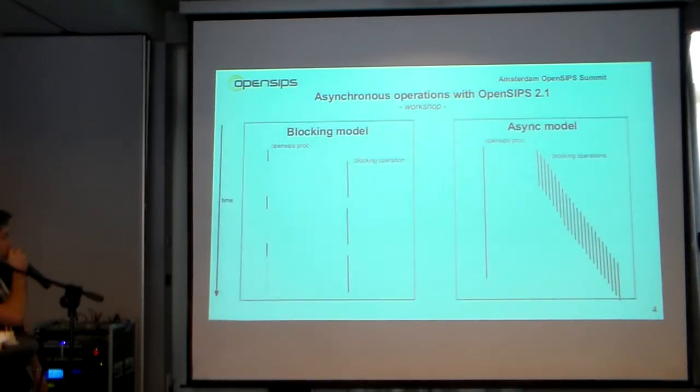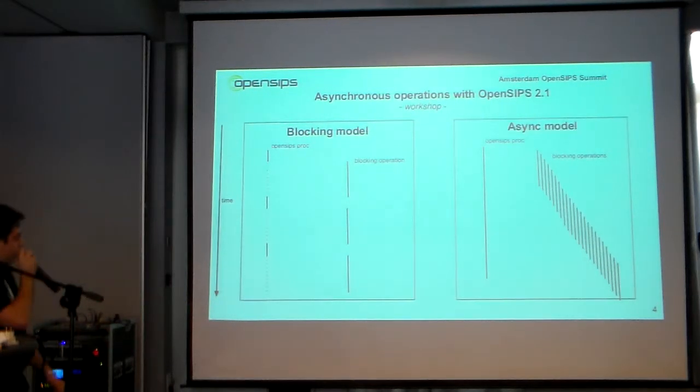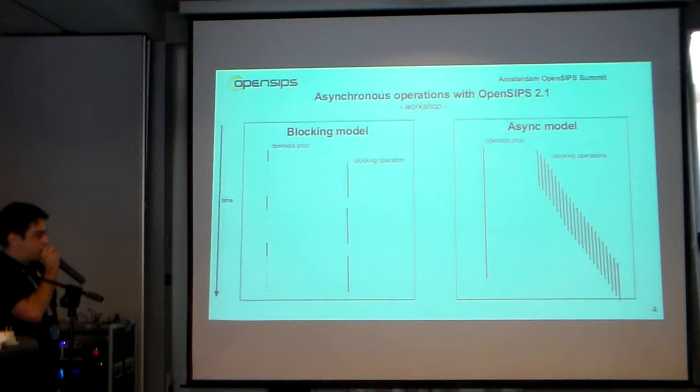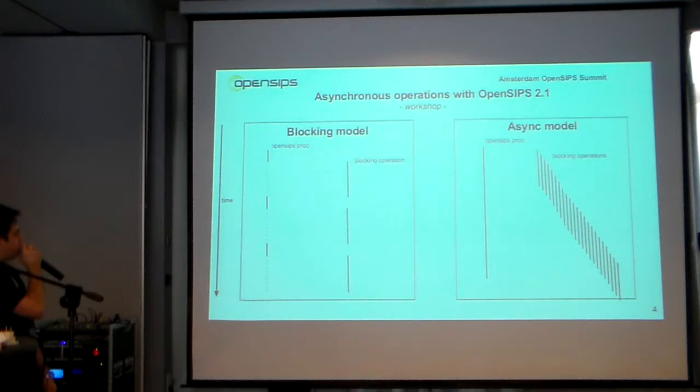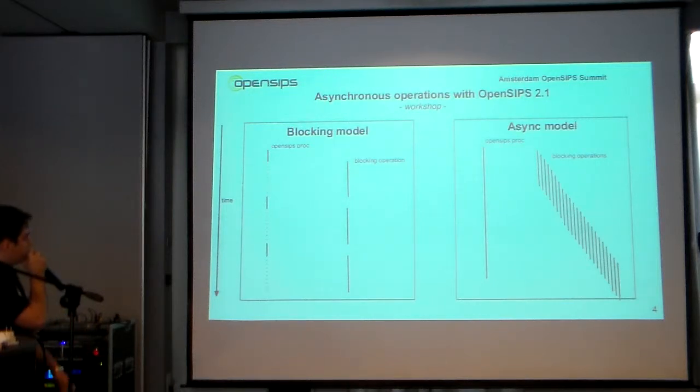The following is an illustration of how radically different the model is. Up to 1.11, in OpenSIPS, one process that would have to be doing blocking operations would simply spend most of its time blocking and merely waiting for the operation to complete.